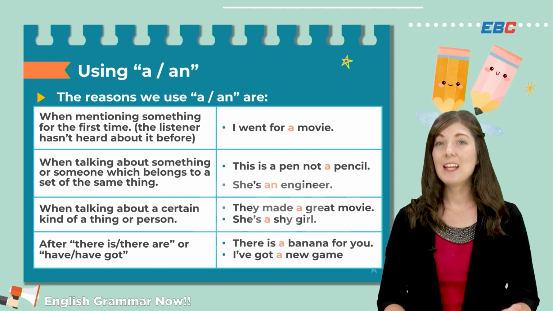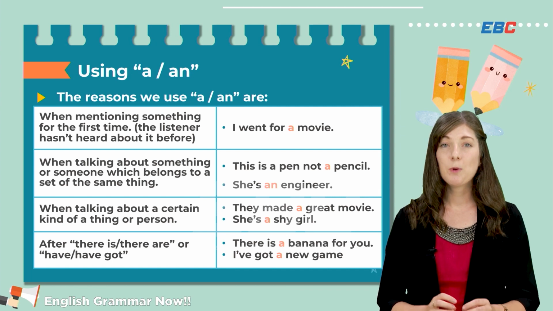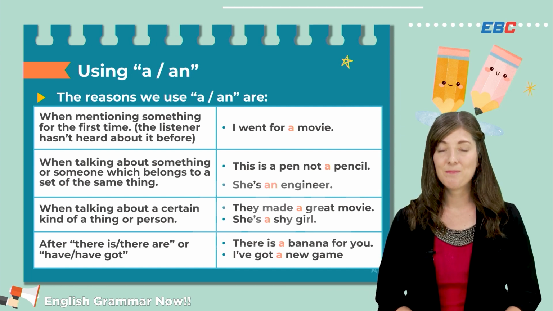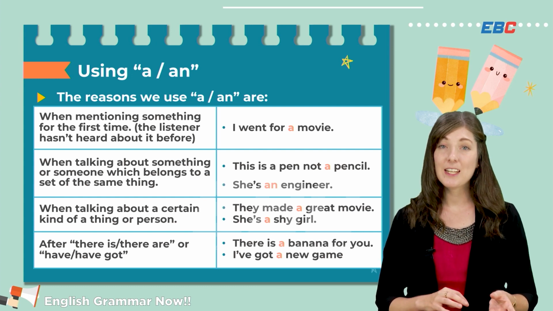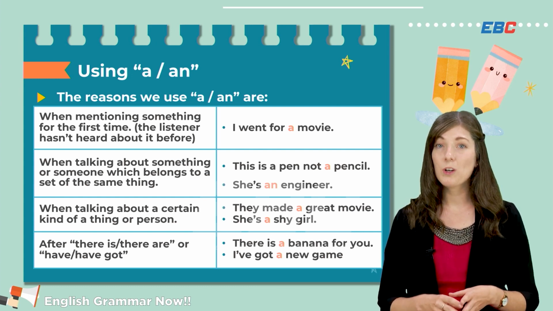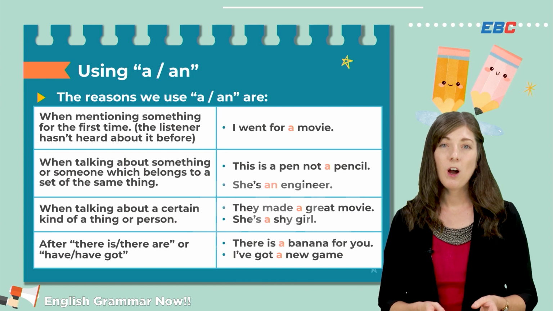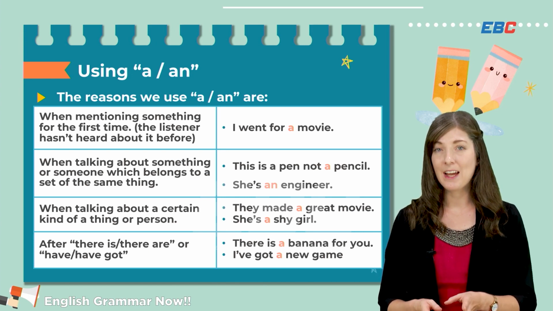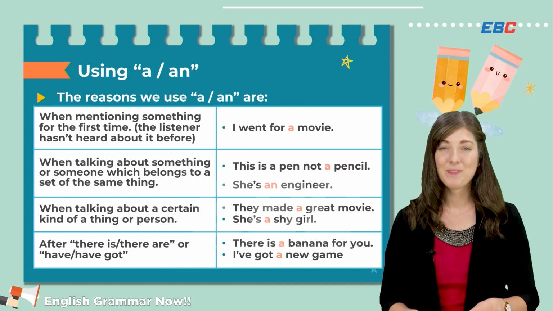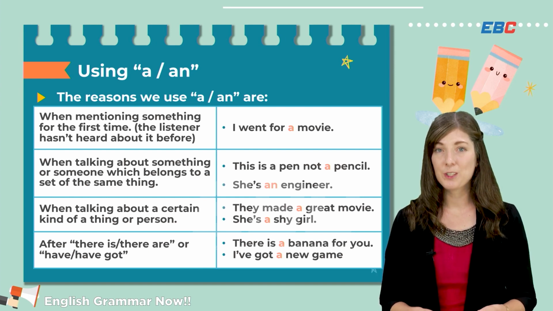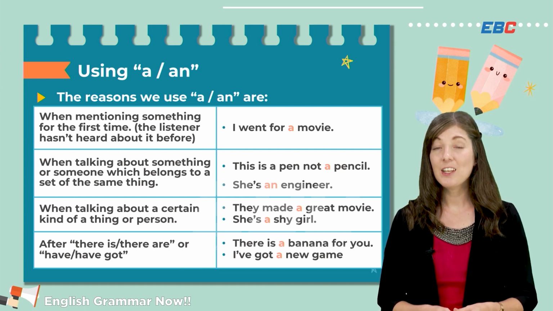So we use an indefinite article in front of that noun. Lastly, if we're going to use there is, there are, or have got, we often use a or an after those. Here's some examples of that. There's a banana for you. I've got a new game.